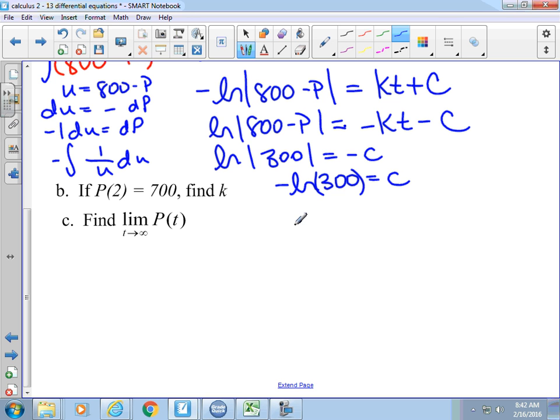So we have natural log of 800 minus p equals negative kt. And probably putting the negative in made it a little harder than it should have been, but it is minus a negative. Would you agree with that? So it's plus natural log of 300.